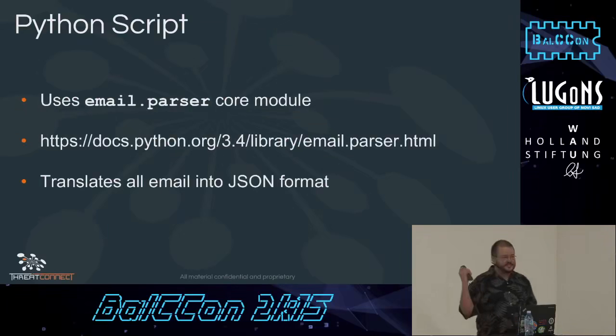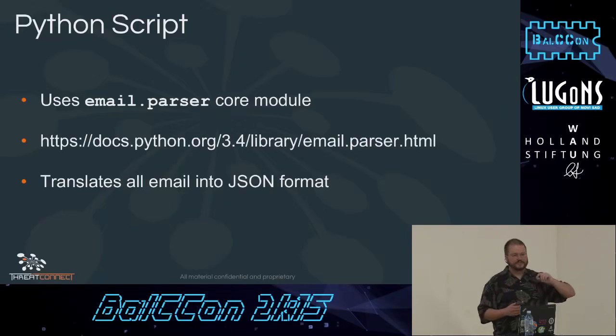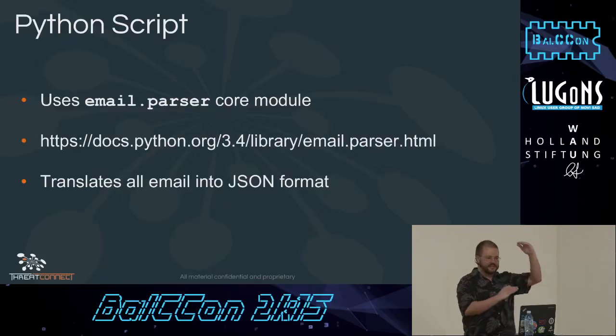This is just a recommendation, and if Python is not your language, you could use any language at all because it's very simple what I'm doing here. Basically parsing each one of the header fields into key value pairs, and then exporting that as a JSON file.